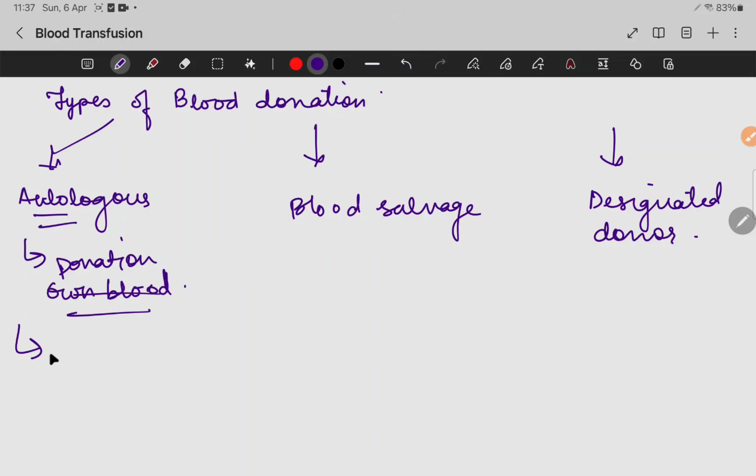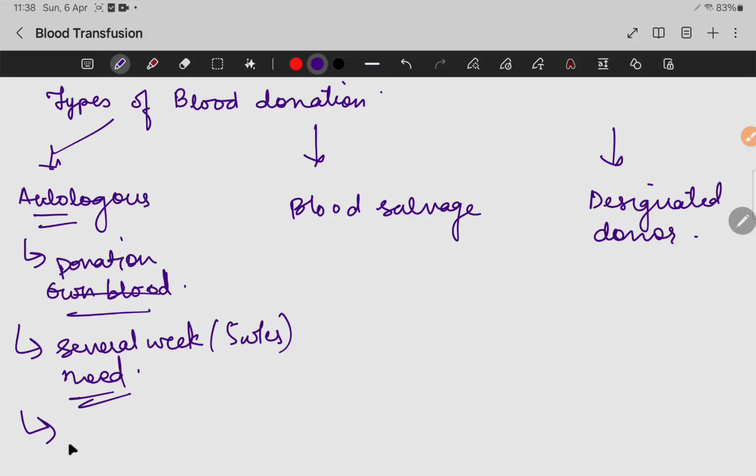Collecting and storing a patient's own blood several weeks, 5 weeks, before any anticipated need, and then you have to give it back to the patient itself. Donation can be made every 3 days until the Hb becomes normal.